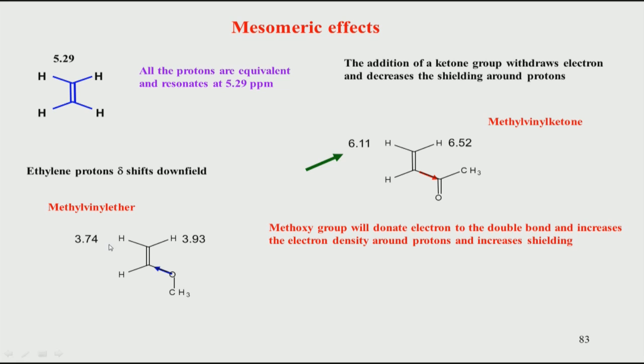So, between these two systems, we can now explain why these two hydrogens come upfield because of the electron donating nature of the methoxy group, and in this case it is downfield shifted. At 6.11, it is a higher ppm value, so it is downfield shifted, and that is primarily because of the electron withdrawing effect of the ketone group.